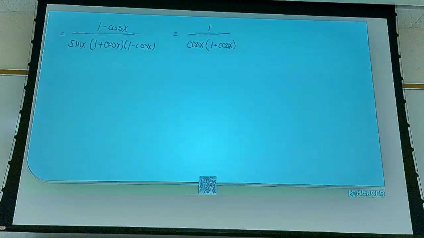But product of fractions, you just multiply straight across. Can't we write this way? One over cosine times 1 over 1 plus cosine. What's 1 over cosine?